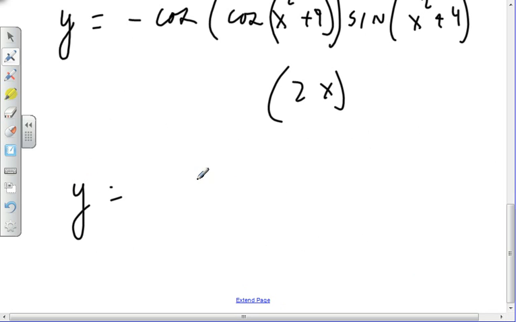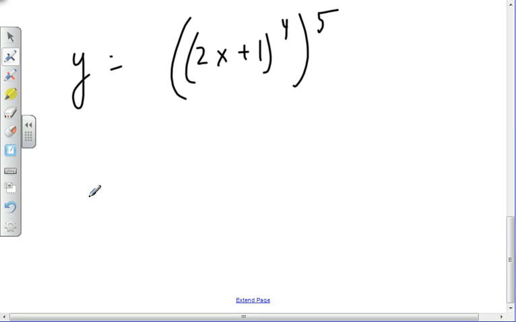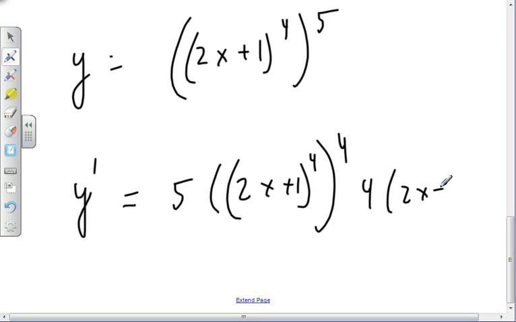y is 2x plus 1 to the 4th raised to the 5th. Well, I would just call it 2x plus 1 raised to the 9th, right? And work it that way. y prime is 5 times 2x plus 1 raised to the 4th times 4 times 2x plus 1 raised to the 3rd times 2.